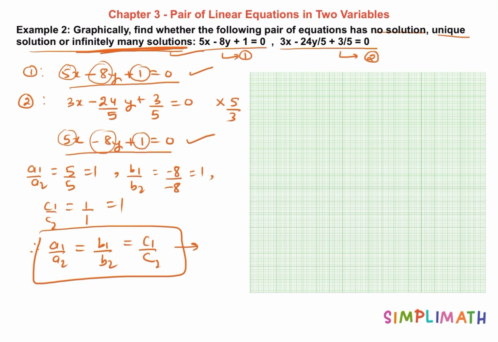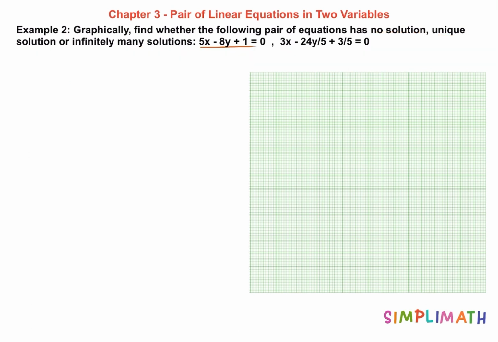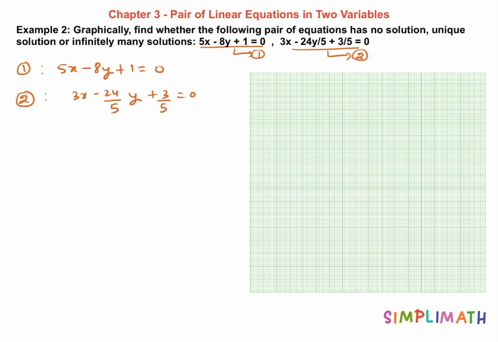So now let us see how we have to proceed in the exam. So this is equation 1 and this is equation 2, right? Equation 1 is 5x minus 8y plus 1 equal to 0, and equation 2 is 3x minus 24 by 5y plus 3 by 5 equal to 0. Now let us multiply the second equation by 5 by 3.